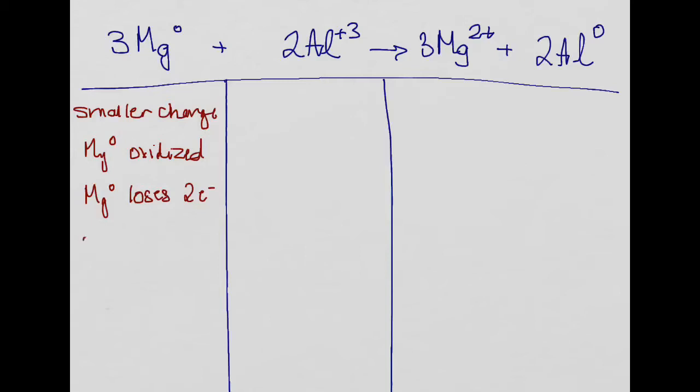So I'm going to write that down also. Oxidation number increases from 0 to plus 2. How would we write the half reaction?